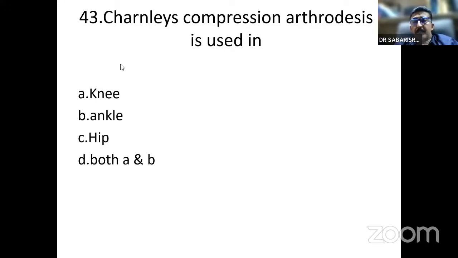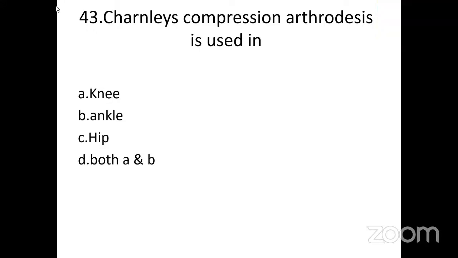The most common indication of arthrodesis is osteoarthritis, especially in the ankle joint, and it can be done in the knee joint also if there is a failed arthroplasty or an infection following arthroplasty. But the disadvantage is the patient will lose movement. Pain will definitely be completely relieved, but at the cost of mobility. So the answer is both knee joint and ankle joint.